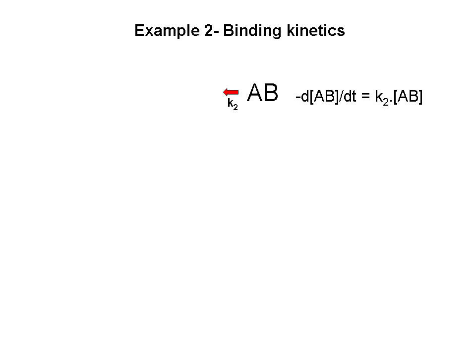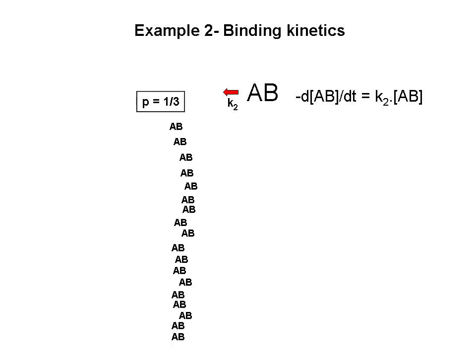First of all, if you think of it, if the probability of an AB complex to disintegrate in a given period of time, let's call it a step, is 1/3, 0.33, something like that, then it means that in the next step, you'll end up with 1/3 of the AB molecules disintegrated into free A and B.